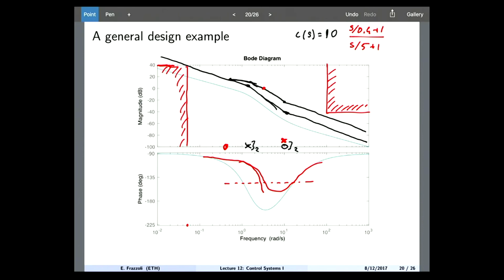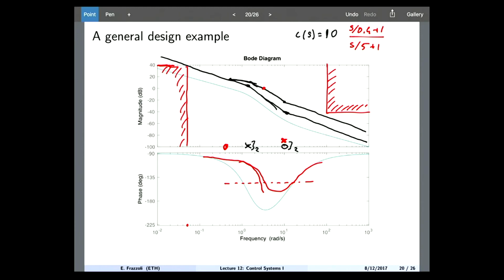And this is where a little bit of the art comes in, okay? So then you just choose how you want to steer the loop transfer function, and you do that by adding poles that steer it down, adding zeros that steer it back up. There are many solutions, and most of them will be fine.